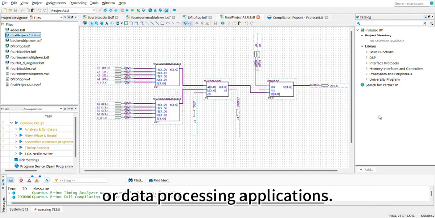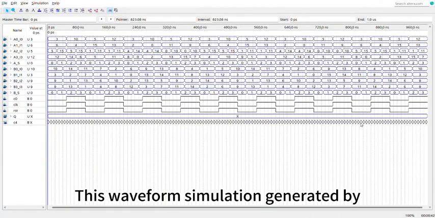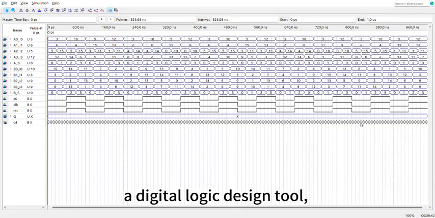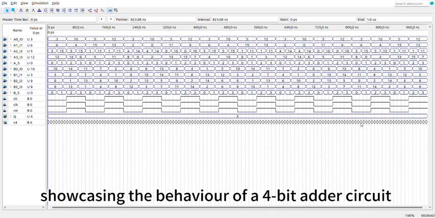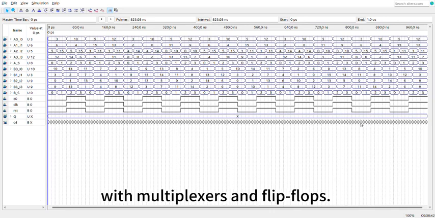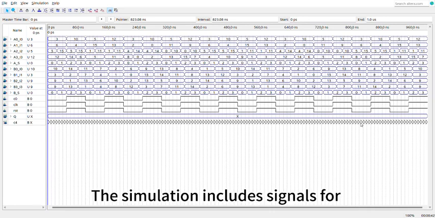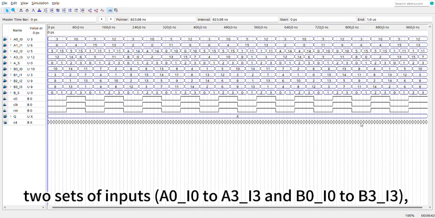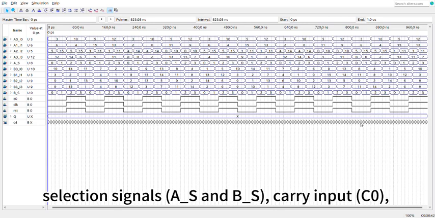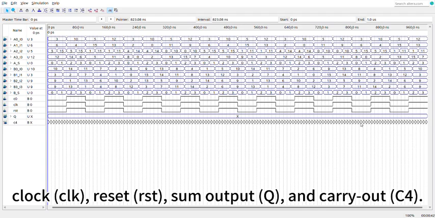This is a waveform simulation generated by a digital logic design tool, showcasing the behavior of a 4-bit adder circuit with multiplexers and flip-flops. The simulation includes signals for two sets of inputs A0 to A3 and B0 to B3, selection signals A selector and B selector, carry input C0, clock, reset, sum output Q, and carry out C4.